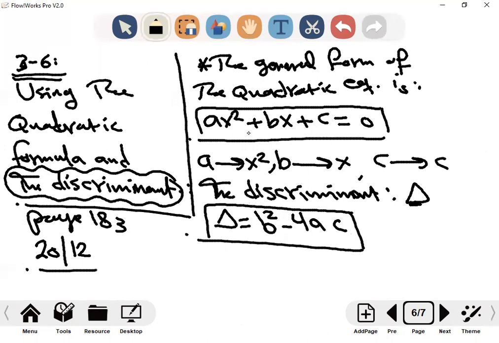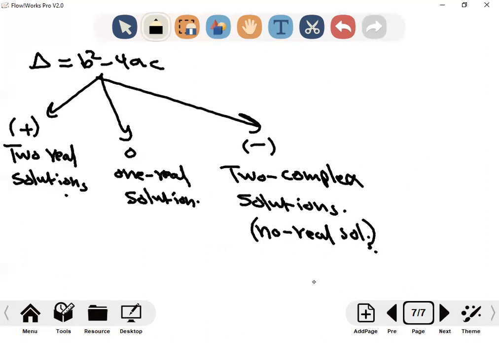This is the equation which we will solve: ax power 2 plus bx plus c. First step, you find a, you find b, you find c. Second step, you find the discriminant. The discriminant tells you the type and the number of the solutions you will have at the end. So you can know what you will have at the end before you start solving the equation.